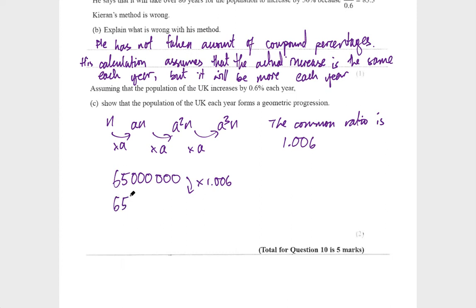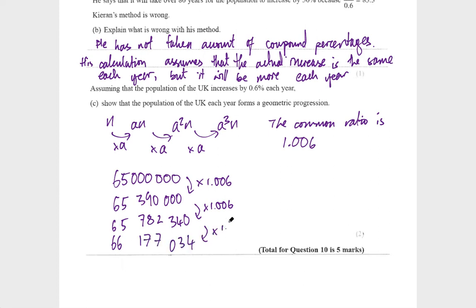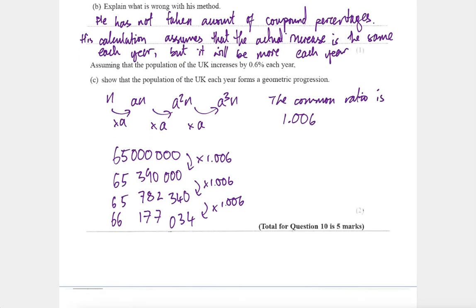So that gives me 65,390,000. So this method would also get the mark. There should really be a concluding statement in this as well.